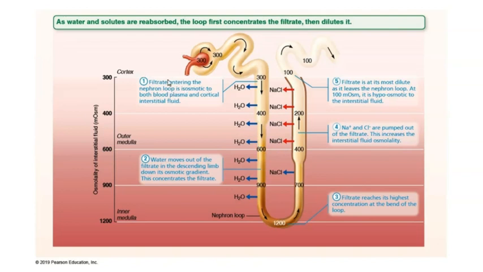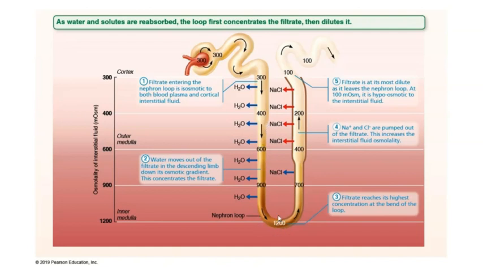If we follow once again the filtrate that is entering the nephron loop, this would be the glomerulus here, filtrate is being produced, has an osmolarity of about 300 milliosmoles, and makes its way through the proximal convoluted tubule. Finally, as it gets to the nephron loop, in that descending limb, water diffuses out. So as that filtrate makes its way down the nephron loop, it slowly becomes more concentrated. That is, the osmolarity of it goes up.